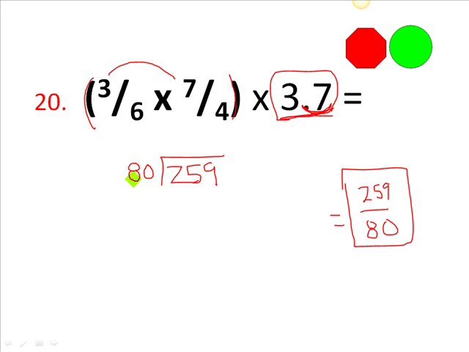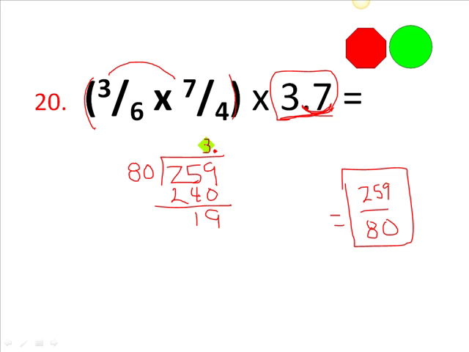All right, 80 will certainly not go into 2, and 80 will certainly not go into 25, but 80 will go into 259 3 times, because 3 times 80 is 240. So we're at 240, and that leaves me with 19 left over at the end, so I'll add a decimal here.